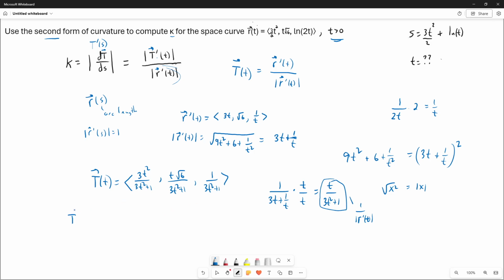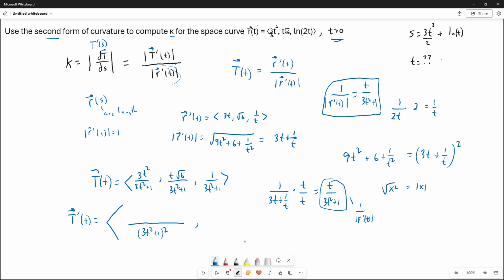So what is T prime? We're going to need to break out the quotient rule a little bit here. So let's make this big. On the bottom of the first one, we have 3t squared plus 1, squared, and that's going to be the case for all of these. So let me rewrite this here. 1 over the magnitude of r prime of t is t over 3t squared plus 1.